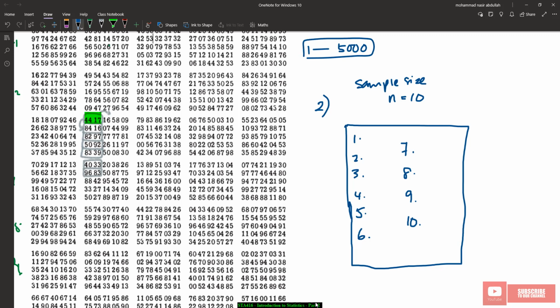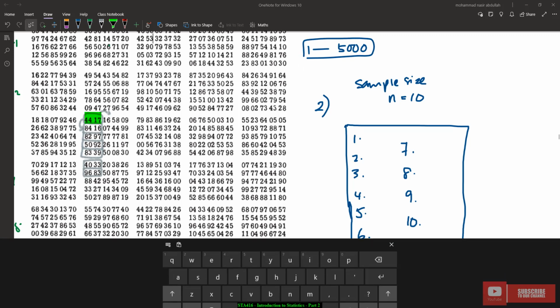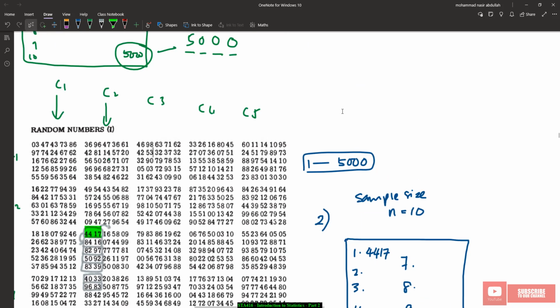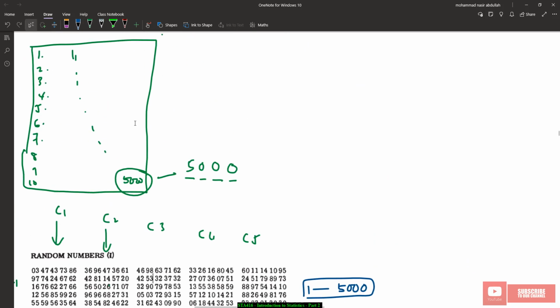Where do we get 1 until 5,000? From our sampling frame, where the total population is 5,000. So our first sampling unit is 4417. Where do we take it from? We take it here. Student number 4417 is, let's say, Ahmad bin Abu.